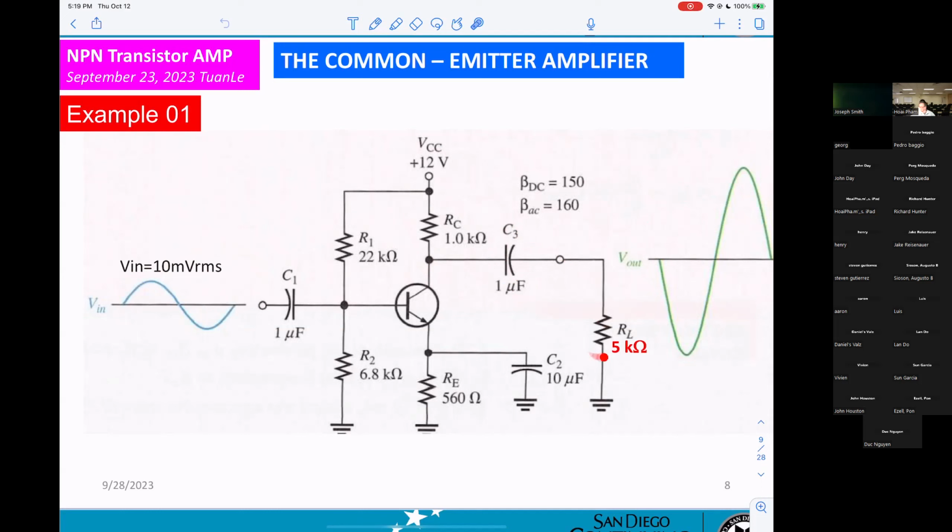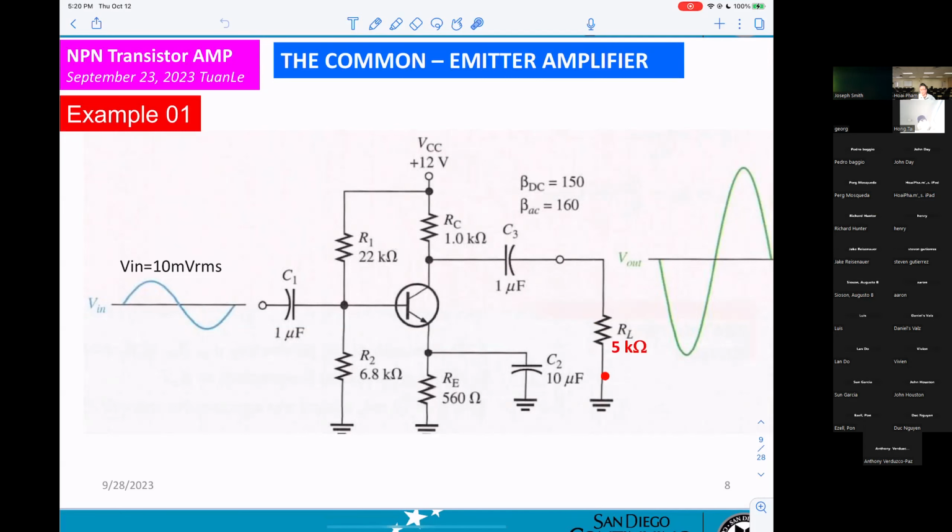Coming out here, you get a load, which will be the speaker. They don't want any DC going to the speaker. They allow only AC, so that's why they need that capacitor. It blocks the collector voltage VC, the DC, and only the sine wave comes out and is displayed at the output. So that is everything related to the common emitter.